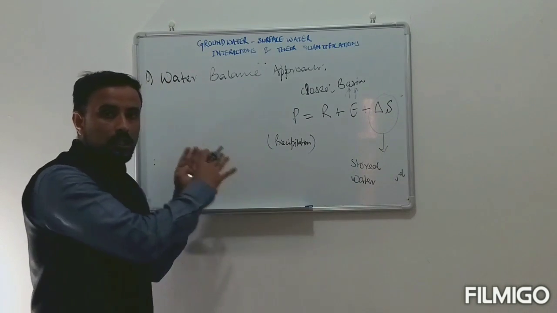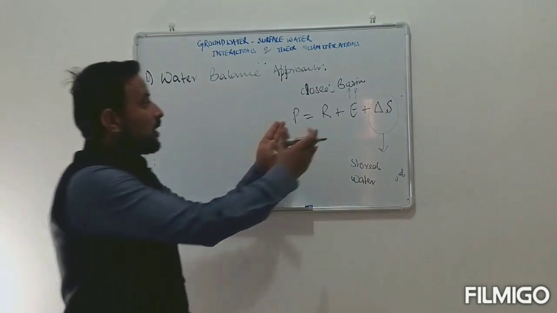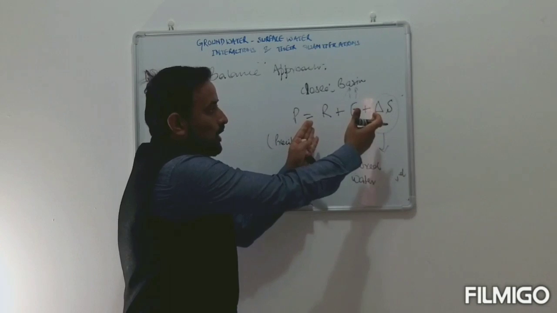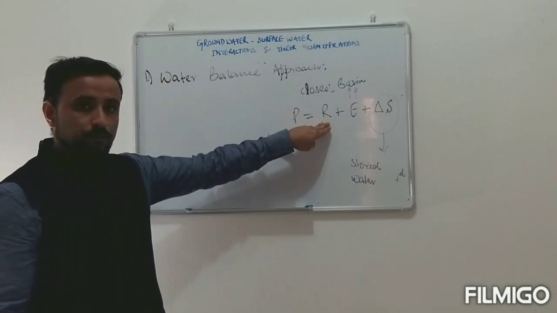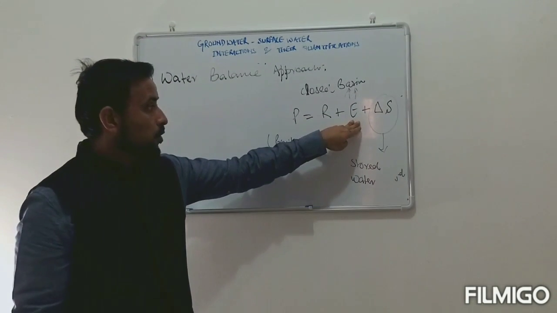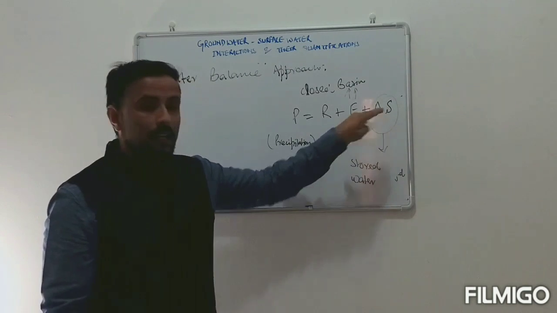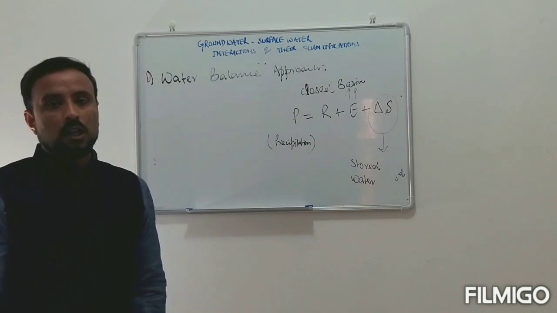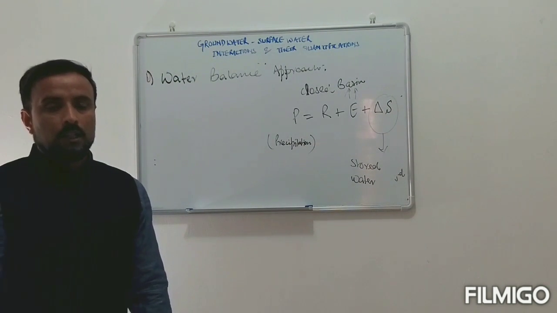So the water that is coming into a system should go into these three forms: either stream flow, evaporation of water, or water stored at the ground or soil level, right?